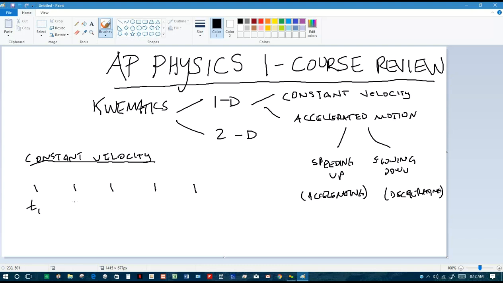So if this is where it was at some time t1, this is where the car would be at t2, t3, t4, and so forth. And the fingerprint of constant velocity motion is that these distances for each of the time intervals between t1 and t2, or between t2 and t3, and so forth, are all equal, right?